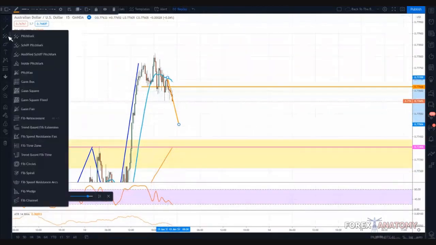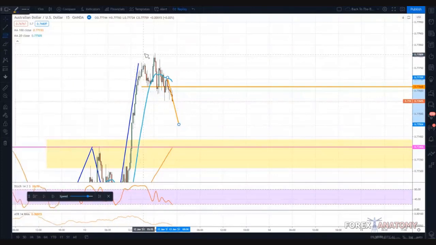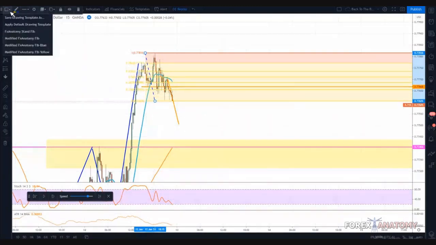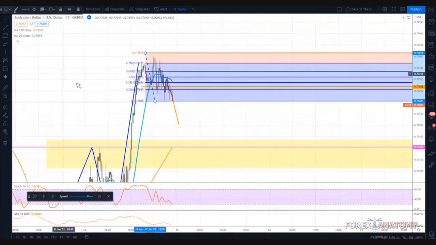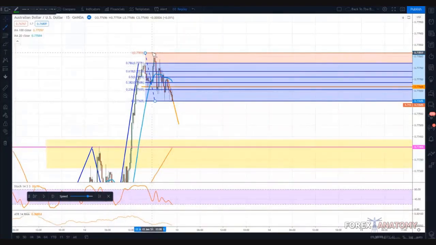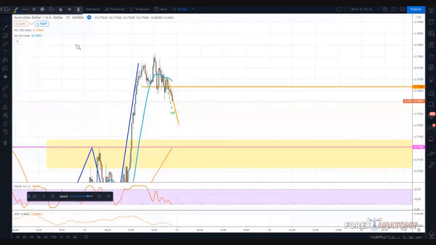And what we typically do is, let me change the color, we typically draw in what we would call a 2-3-6 measure move, and that would represent the zone that we're expecting price to go to.